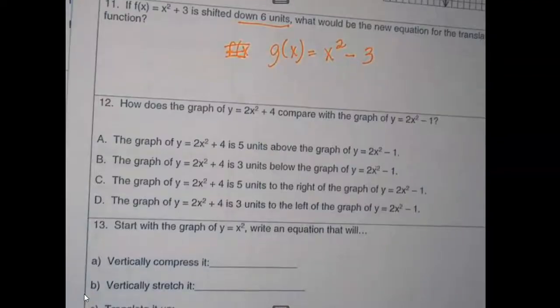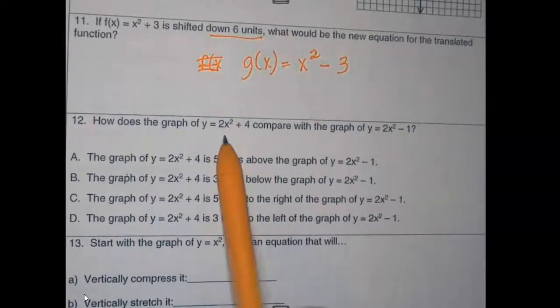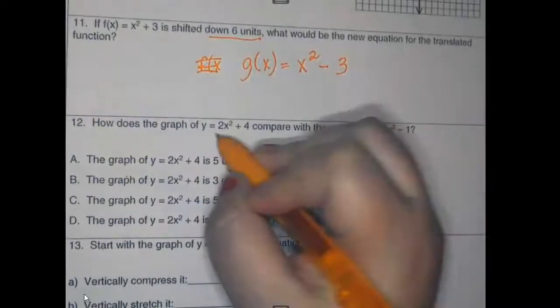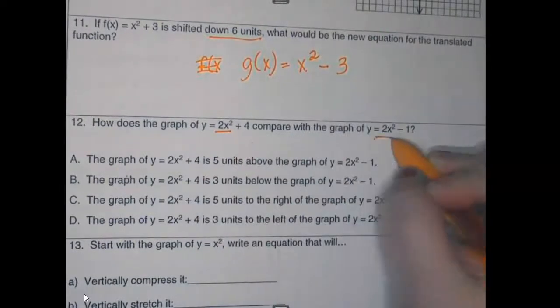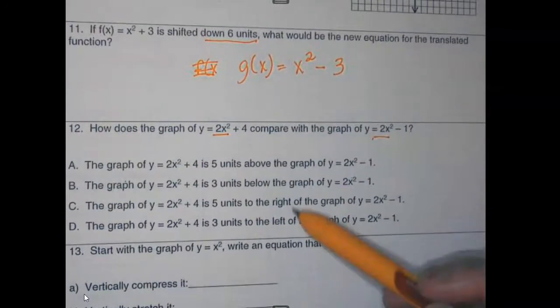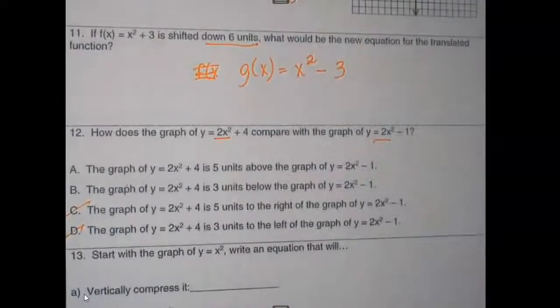Number 12, how does the graph y equals 2x squared plus 4 compare to 2x squared minus 1? Well, I can see they have the same coefficient, so I'm not going to have any stretching or compressing. If I look at my answers, I have shifting right and left. Well, we haven't even talked about shifting right and left.